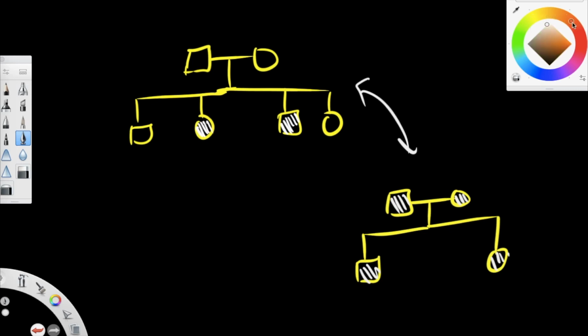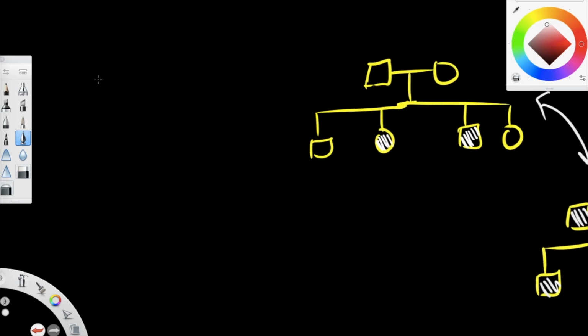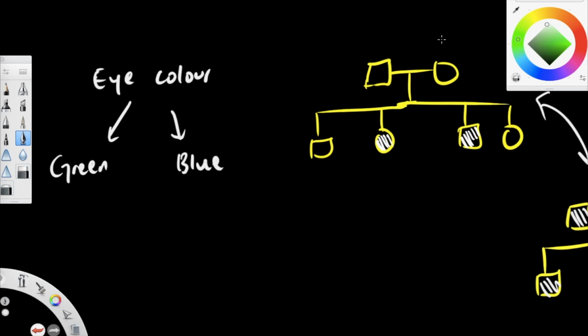So again, let's just say our trait of concern is eye color, right? More specifically, we are concerned about green eye color and blue eye color. And let's just say that green is dominant and blue is recessive.